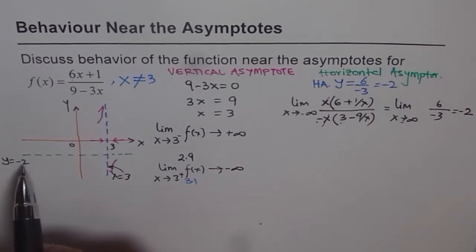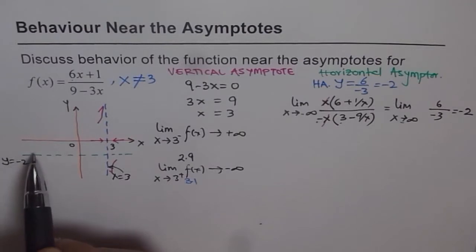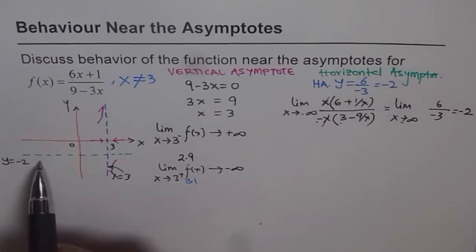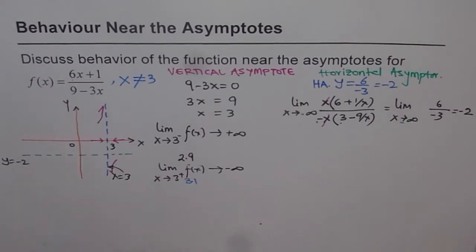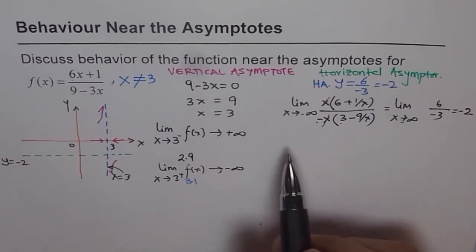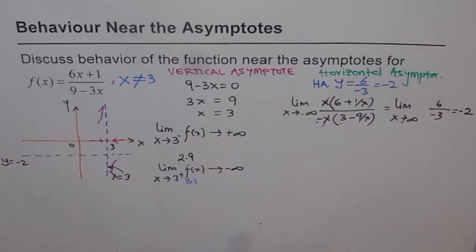Do you understand? If it is minus 1 point something, you are approaching from the top. If it is minus 2 point something, then you are approaching from the bottom. So the best way is just to plug it in and calculate, right?